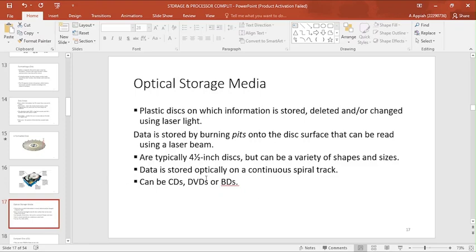Optical storage comes in the form of CDs, compact discs, DVDs, that's digital versatile discs or digital video discs, or BDs, that is the Blu-ray discs. So all of these come under the optical storage media.